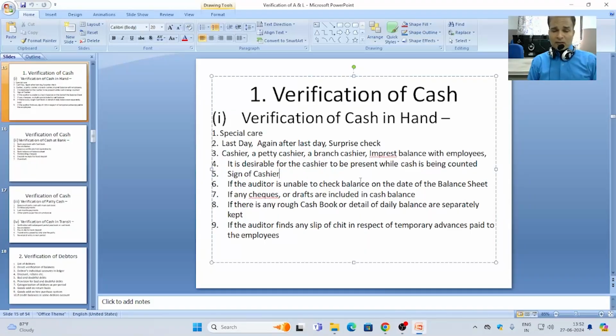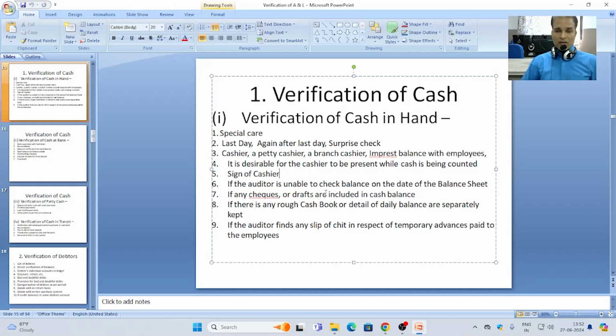And if the cashier is not capable of depositing the cash in the bank, suppose the banking working hours have lapsed, that is over 4 or 5 p.m., then it is advisable to deposit the same cash on the next day in the bank and provide the pay-in slip for the cash verification.